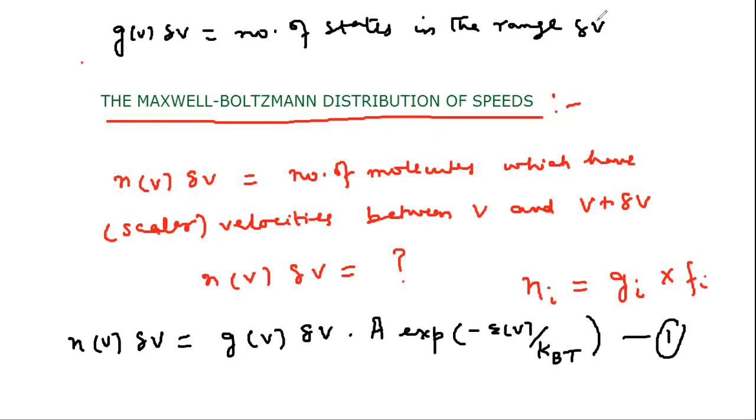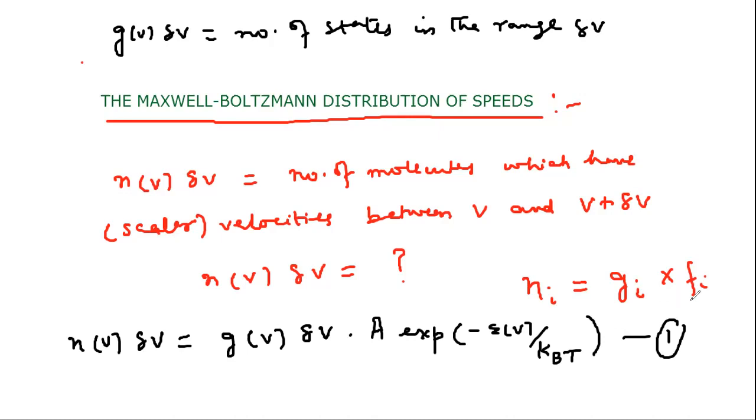N of v is the density of particles in speed v. G of v is the density of states in speed v. So if we are interested in finding N of v times delta v, the number of molecules which have speeds between v and v plus delta v, we have to take G of v delta v, multiply it by the filling factor.